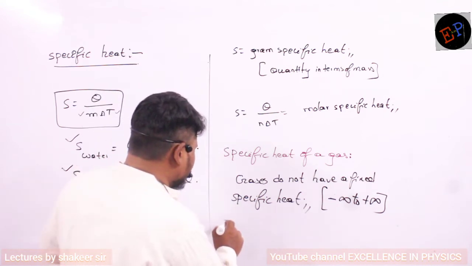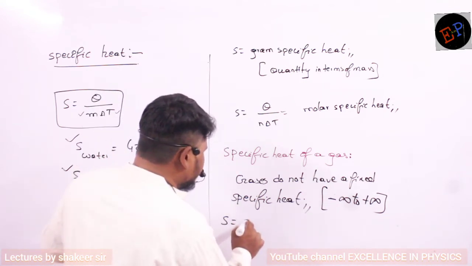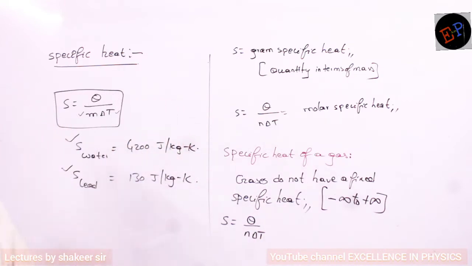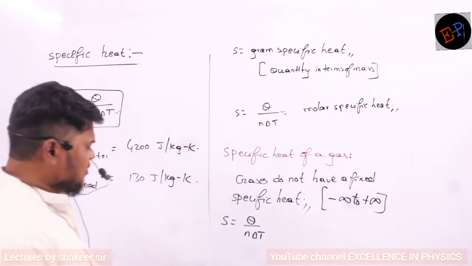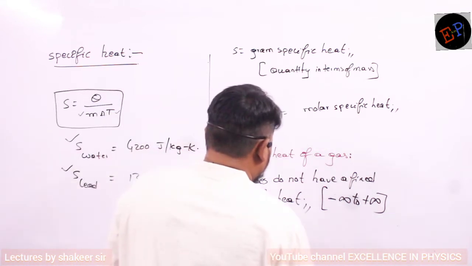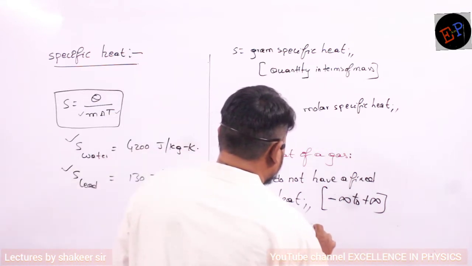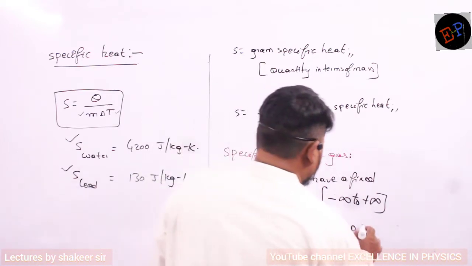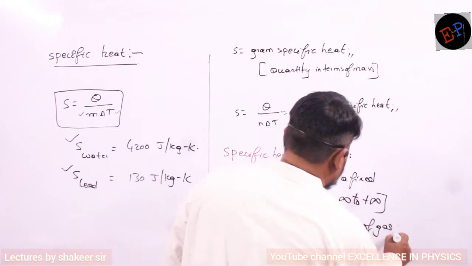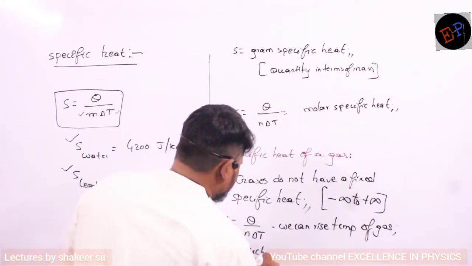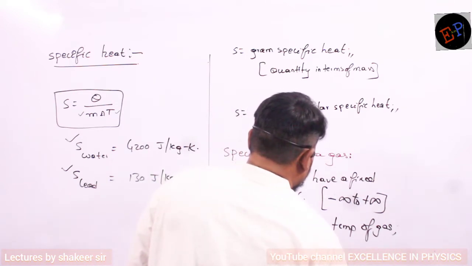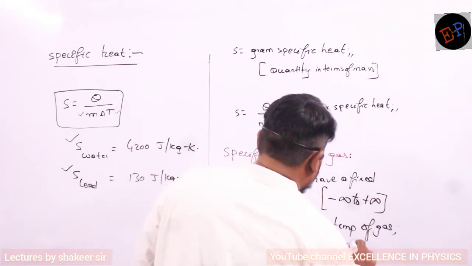So, for example, if I take specific heat, S is equal to Q by n delta T, no? S is equal to Q by n delta T. Are you able to understand? So, we can raise the temperature of a gas such that Q is equal to 0 and delta T is not 0.